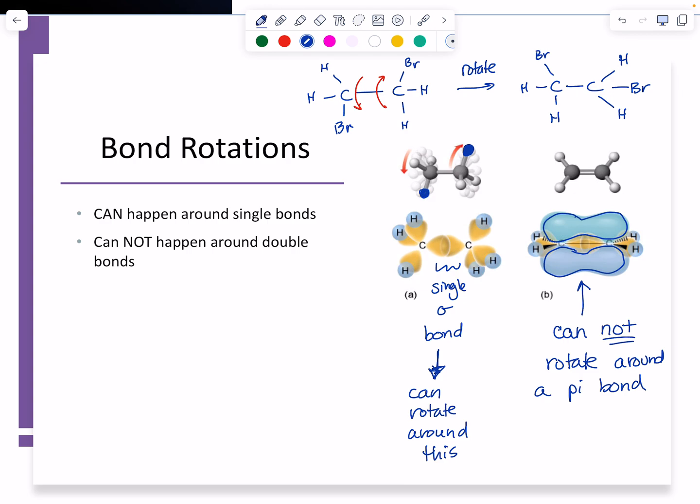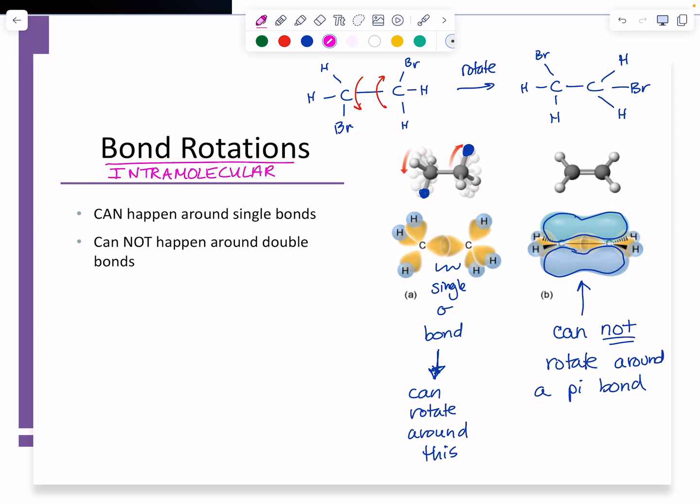So these are the simple rules to follow in terms of how your molecules can move with respect to the atoms that are in the molecule. Let's make it very clear that this is what we call intramolecular.